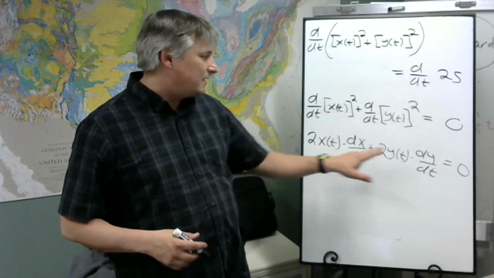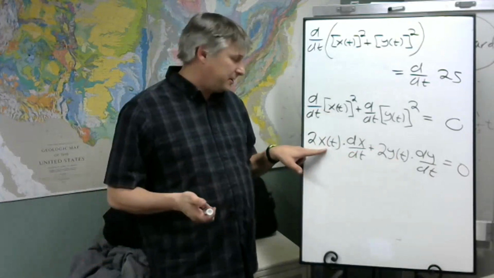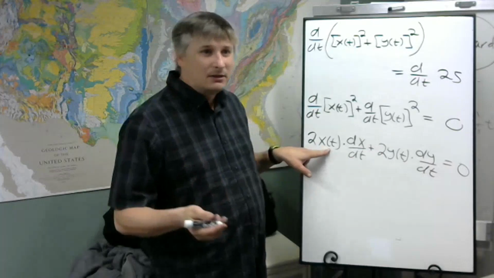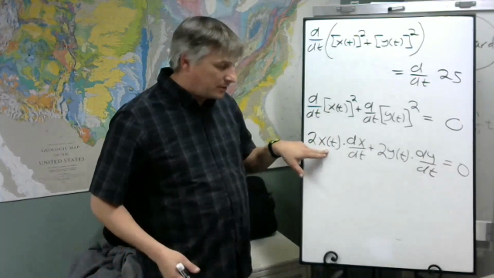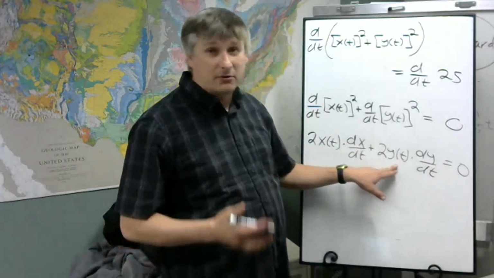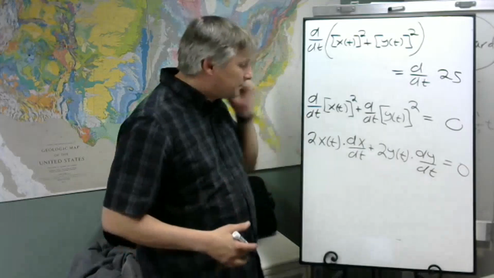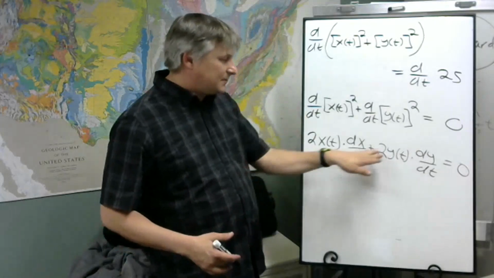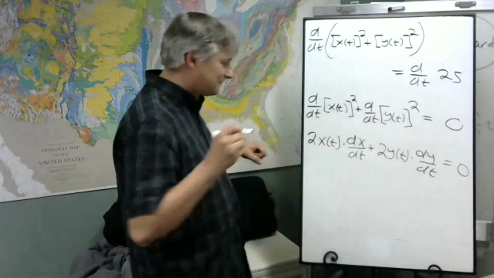And for x of t and y of t, well, when they say x is 3, they mean a time. We're assuming we're at some time where x of t is going to be 3, and y of t at the same time is going to be -4. And dx dt is going to be -2. So we have the pieces here, and we just solve for dy dt.